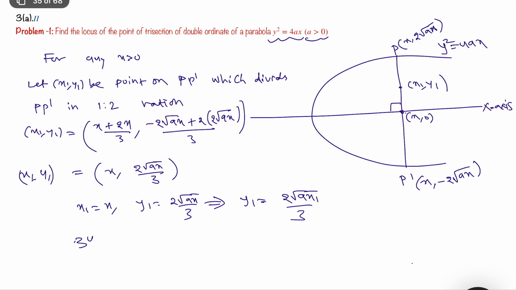Okay, so we have 3y1 equal to 2 root ax1. If you take a square both sides, 9y1 square equal to 4ax1.